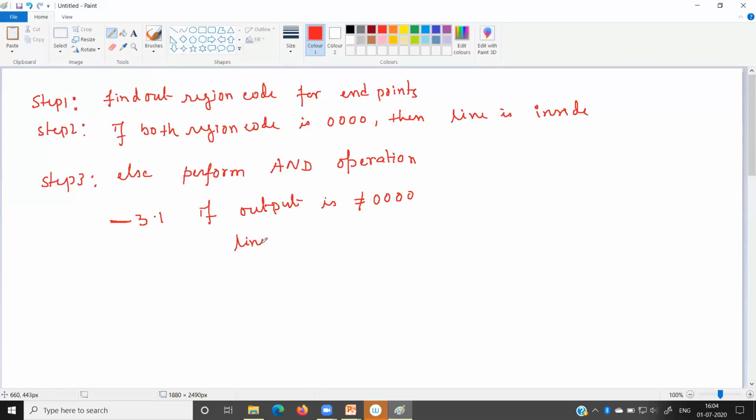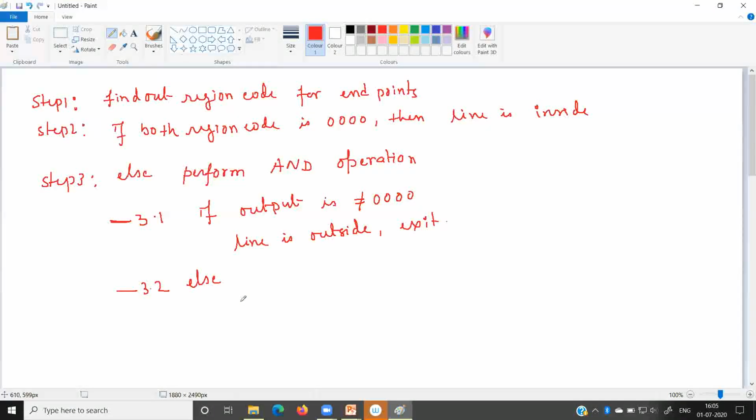The line is outside, and exit; I have to stop the algorithm. Otherwise, if the AND operation provides a 0 output, then in that case, what we have to do?